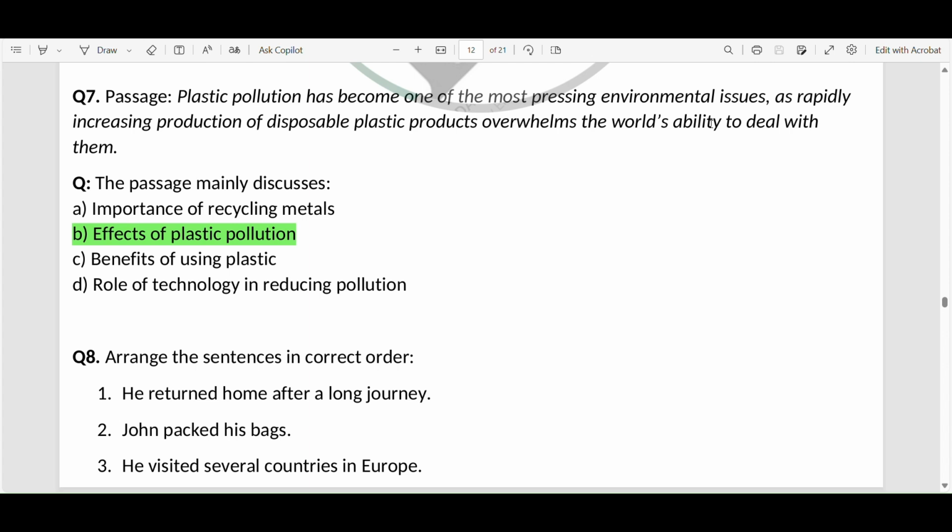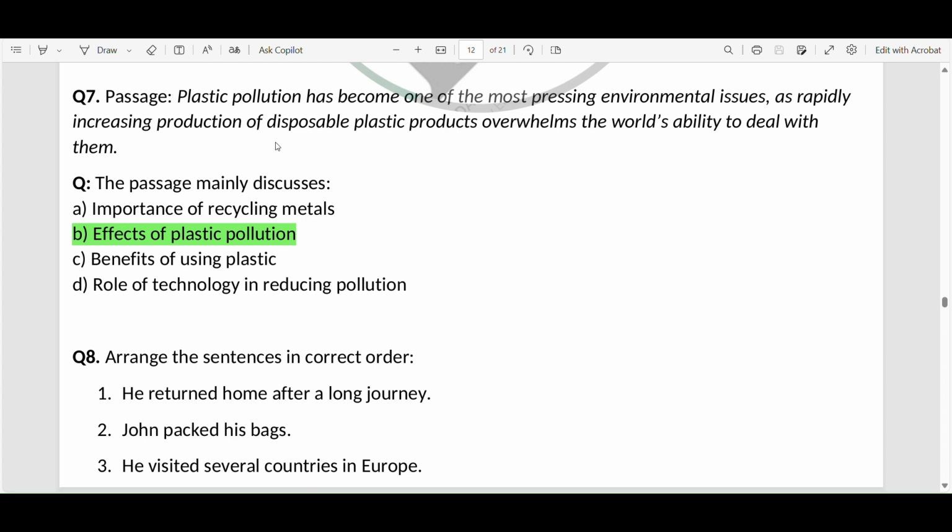The production of plastic materials which are disposable, meaning use and throw glasses, use and throw boxes, was increased. Due to that, the environmental issues increased, and the world cannot deal with them.